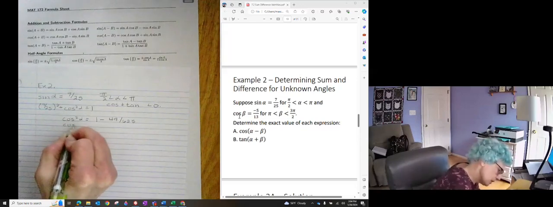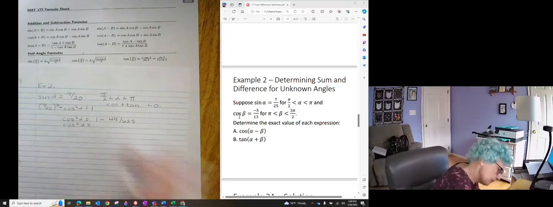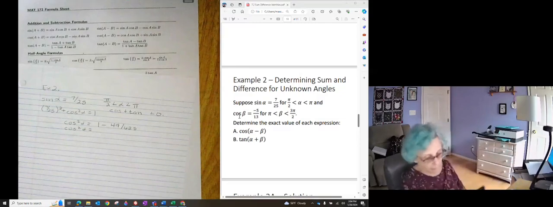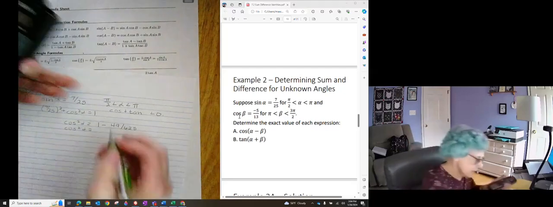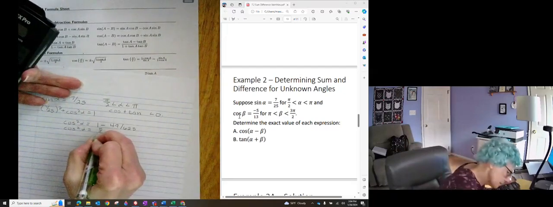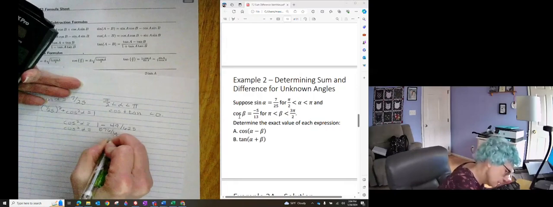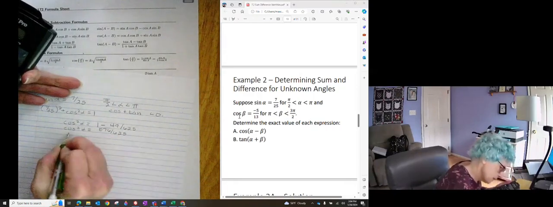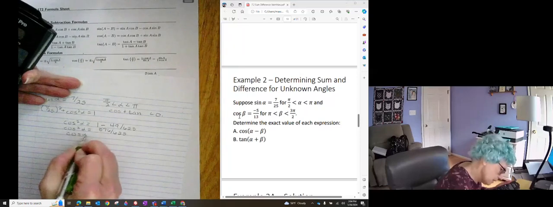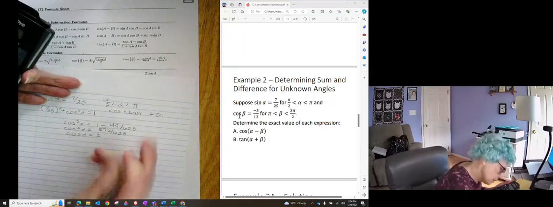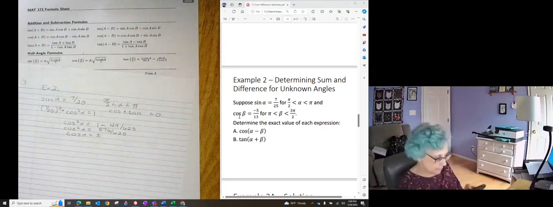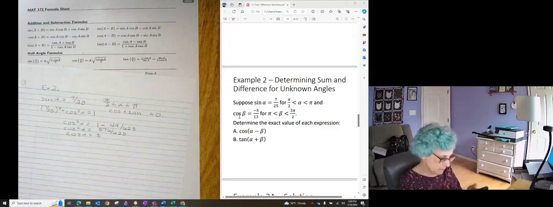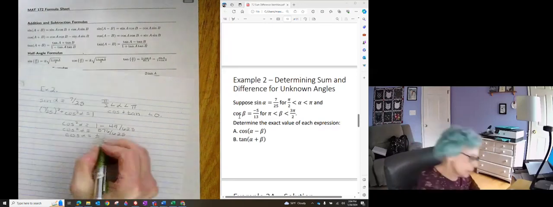So cosine squared of alpha is equal to 625 minus 49, 576 over 625. So cosine of alpha is equal to plus or minus the square root of that. So let's see what the square root of that is, 24 over 25.